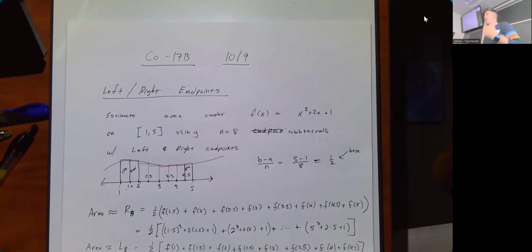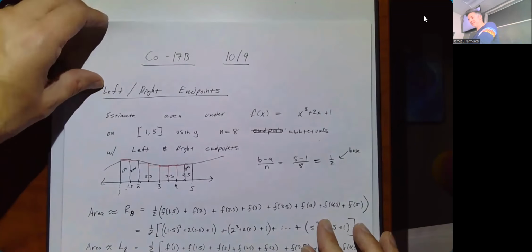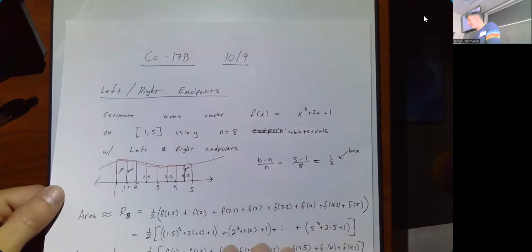Other questions about this before we do another limit definition example? Which, yeah, we can do this one. Might as well. All right, so let's, yeah. No, I don't want to do that one. Not because it's terrible, but because it doesn't have all the things I want you to see.